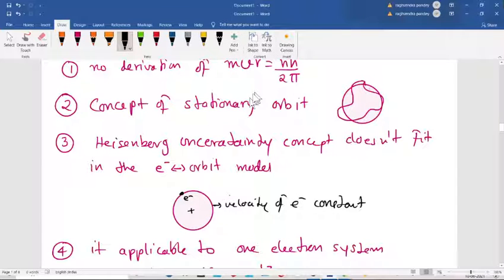But to escape from these two theories, he introduced the concept of stationary orbit, that it will not emit energy. So people asked, why are you saying this? It actually doesn't, because it behaves like a wave, not like a particle. These theories are correct, but they are for particles with mass. The electron is behaving as a wave here.